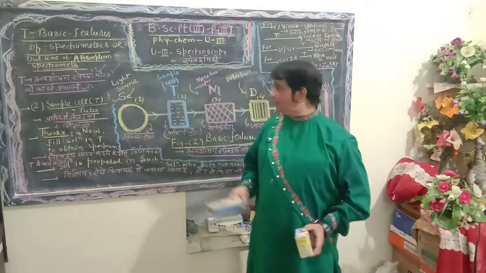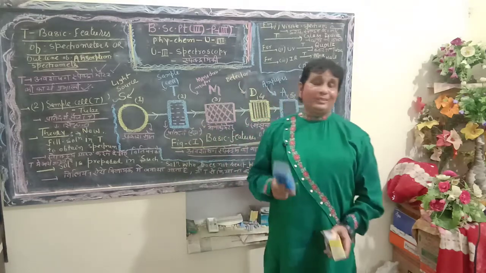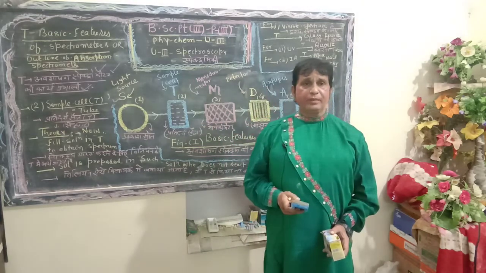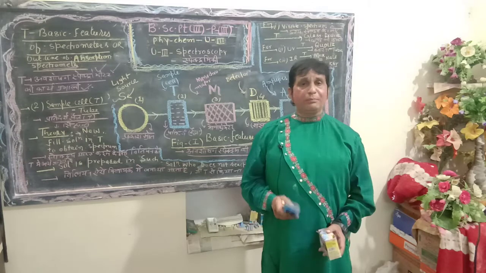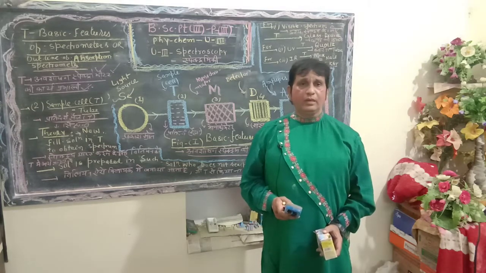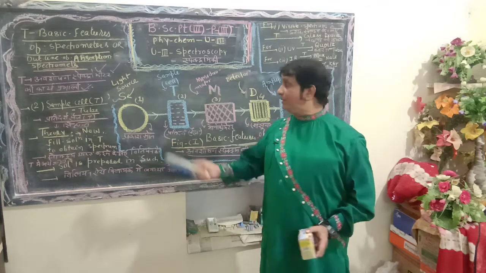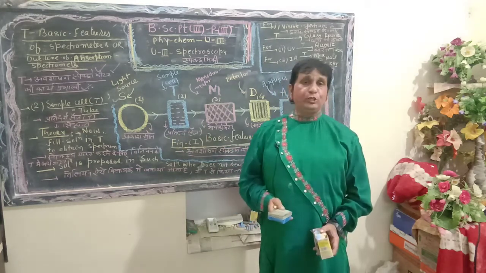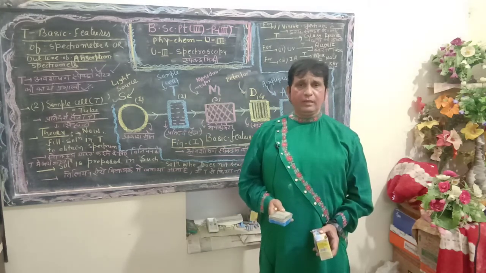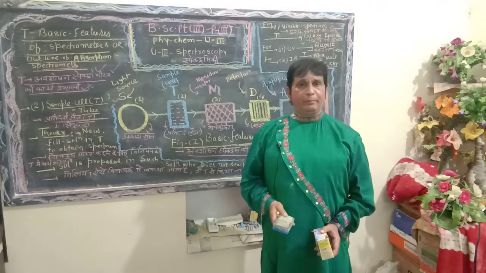Dear students, now a question arises. We have to adopt some important precautions in order to prepare the solutions. The sample cell T is a very sensitive part of the spectrometer.